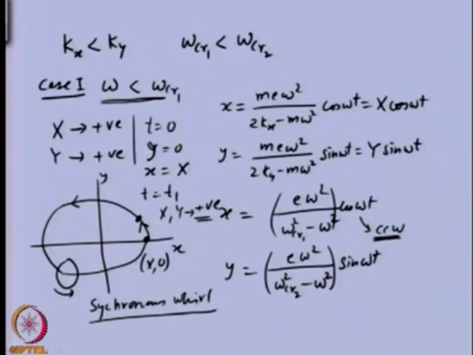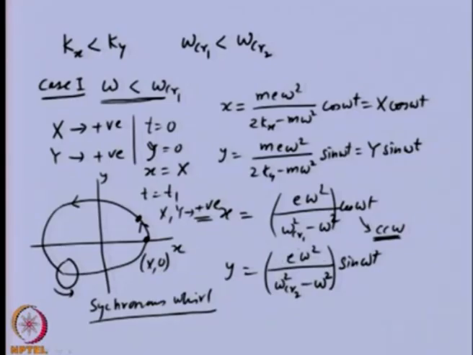In this particular case, as in the previous slide, when omega is more than the first critical speed, this quantity, which is capital X, will be negative, and this quantity will be positive, because omega is in between the two critical speeds.